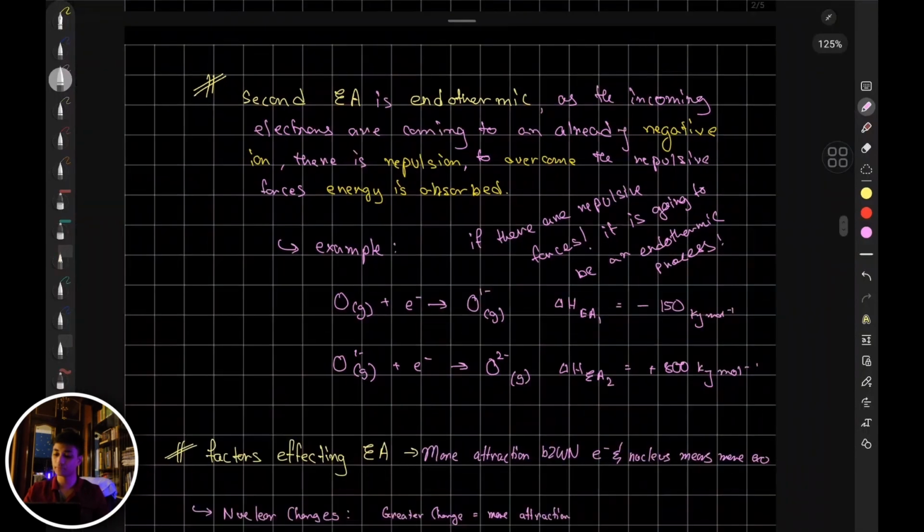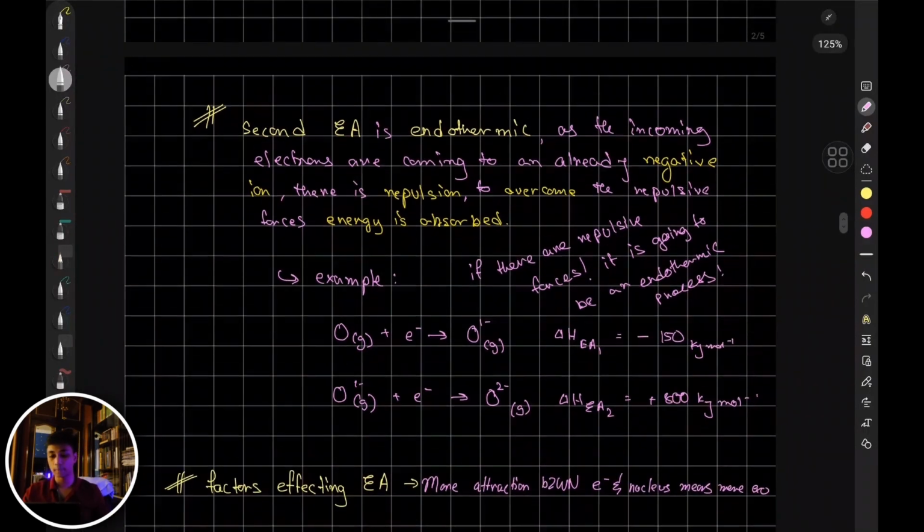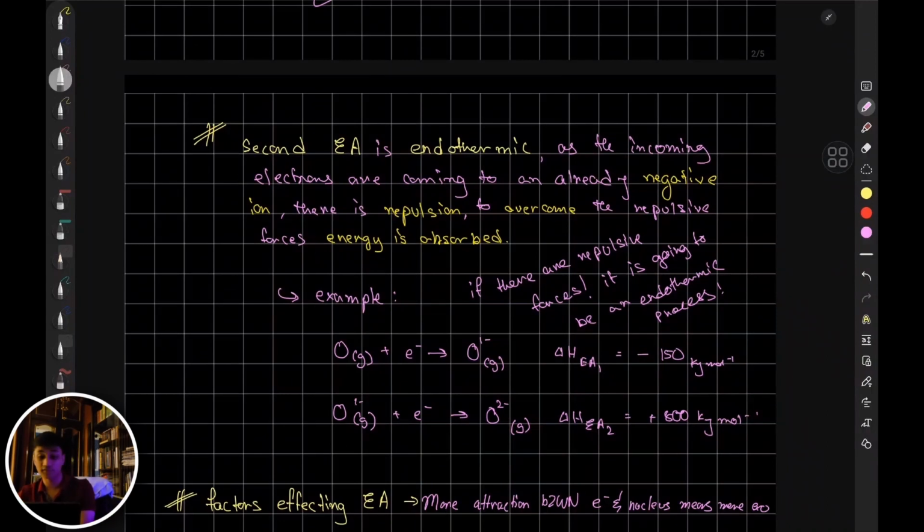Okay, great. So, again, the second electron affinity is endothermic, as the incoming electrons are coming to an already negative ion, since there is repulsion. So to overcome the repulsive forces, energy is absorbed.